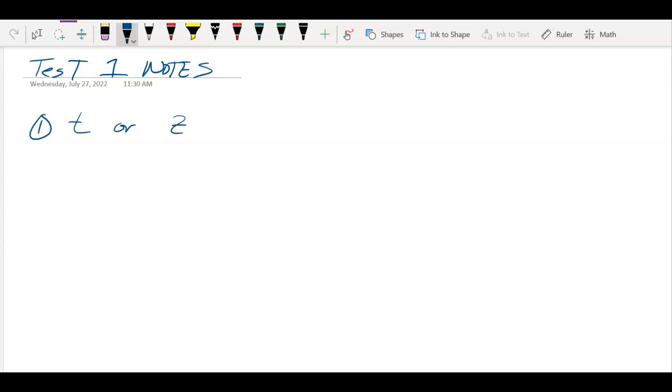Please keep in mind when we're talking about one population, you only use Z when you are given the population standard deviation. That would specifically be a sigma, and that would be the symbol that was used.